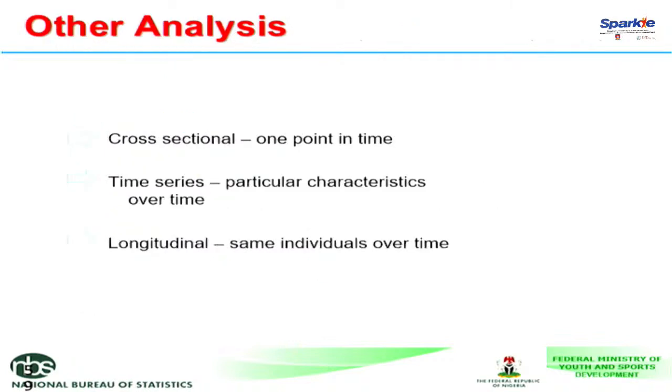Then we have our spatial, cross-sectional, one point in time, time series, looking at particular characteristics over time. We want to check that over a period of time. Then longitudinal, same individuals are involved in that study over time.